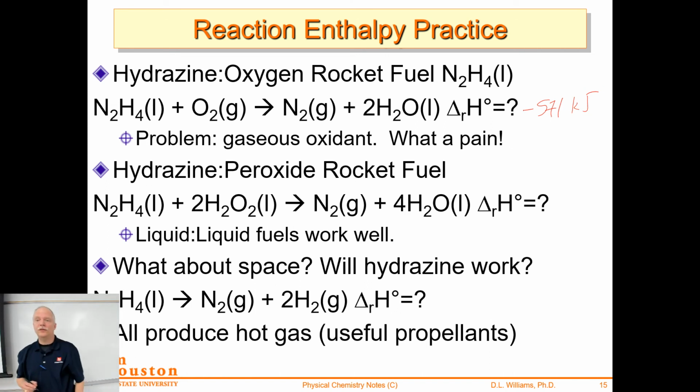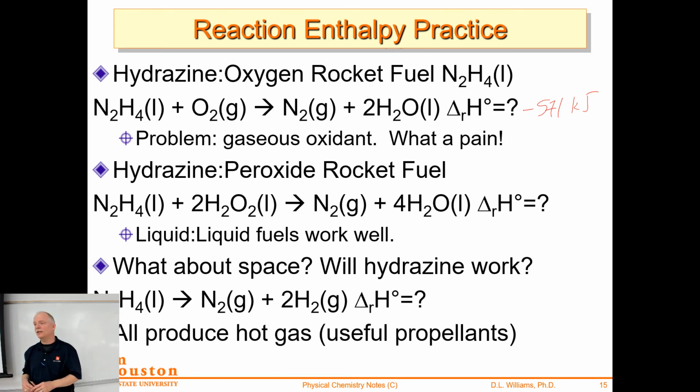Pretty good. So the hydrogen and oxygen making water was negative 285, and this is negative 571. Fantastic. But oxygen, man, that's a pain too, in terms of gas, cryogenic oxygen. So then they started thinking about rockets with hydrazine and hydrogen peroxide.